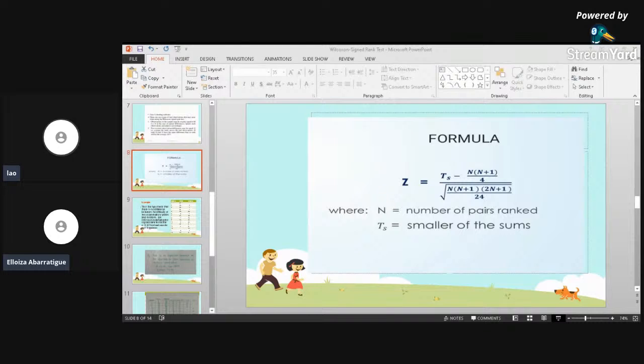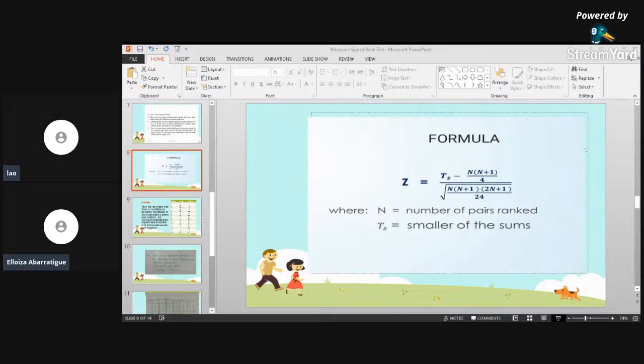Wilcoxon signed rank test. So, we do have Z, stands for Wilcoxon, is equal to TS minus N over 2, the numerator, N multiplied by the sum of N plus 1 over 4.